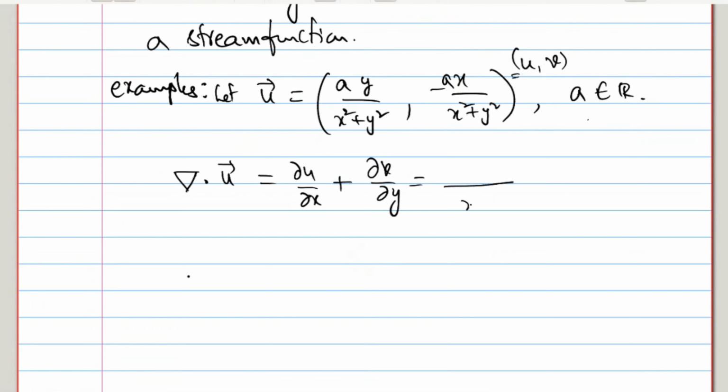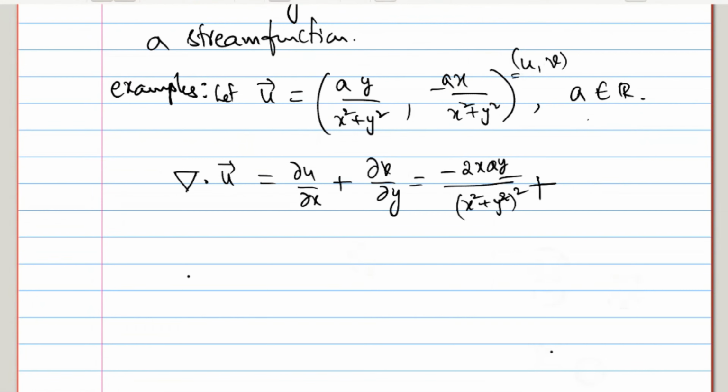Differentiating, you have (x² + y²) squared in the denominator. You'll get minus 2xay divided by that. For the other one you will have a plus sign, so plus 2yax, because of the negative sign.